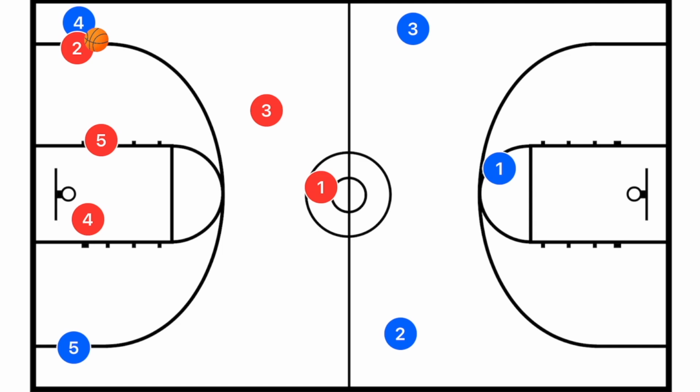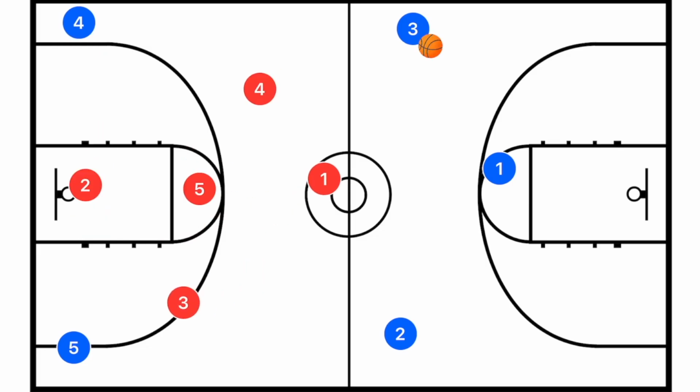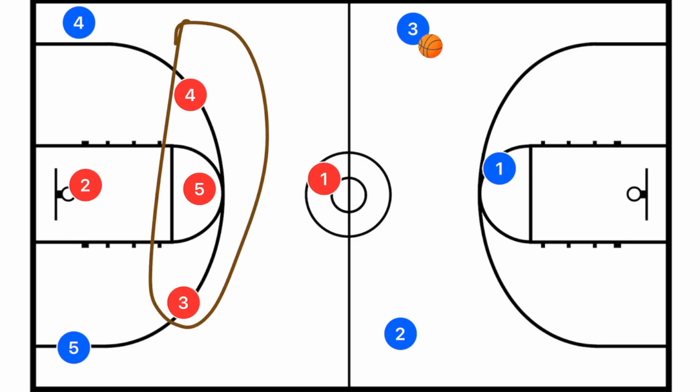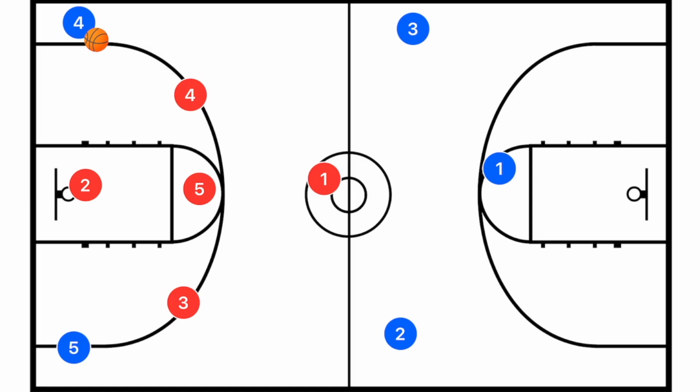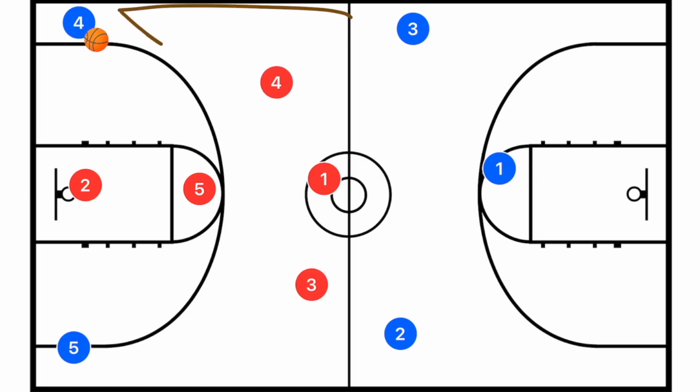So we want to flatten out this baseline as best as possible. And generally speaking, this zone will move into a 2-3 quite easily, and that's what most teams will run. They may also run that same diamond press as a 1-3-1 half-court defense as well. So after they flatten out, let's say you got beat on the trap, and they pass that ball down to the corner.